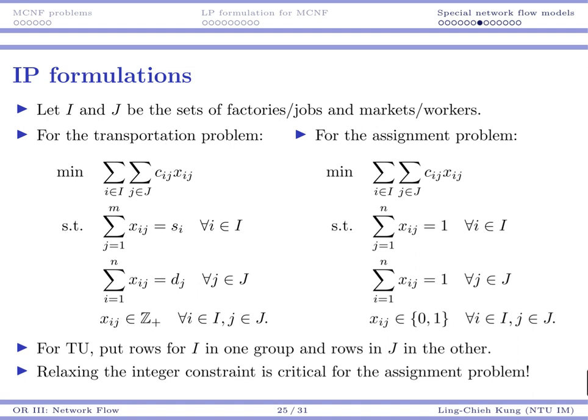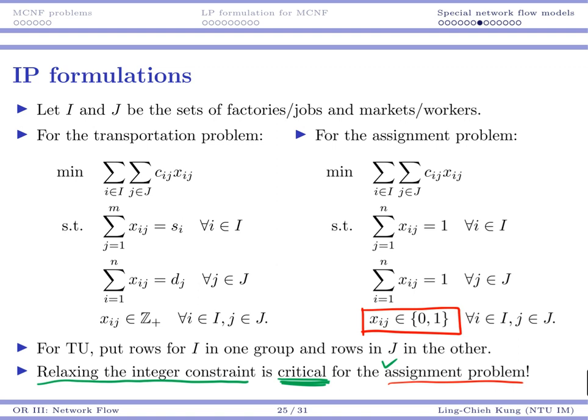But if you focus on this integer constraint for the assignment problem, which is actually a binary constraint, and you relax it, then by nature, you are allowing jobs to be split. You are allowing one person to work on multiple jobs. This violates your original setting. So relaxing the integer constraint for the assignment problem is a critical thing.